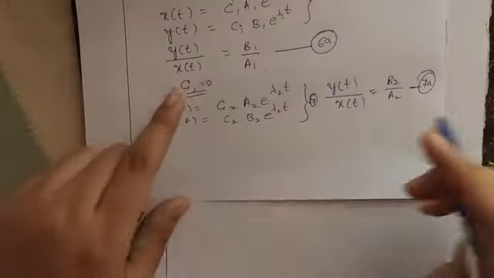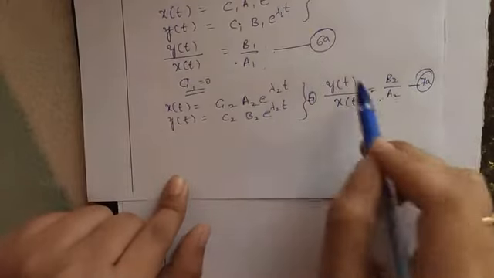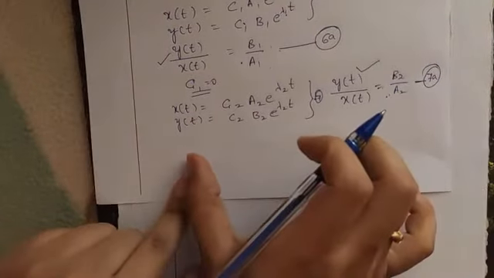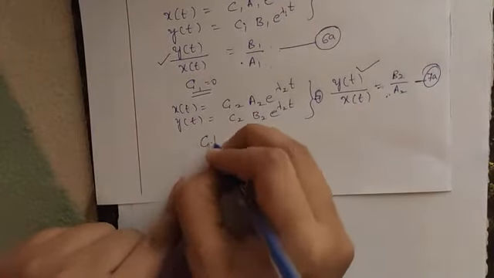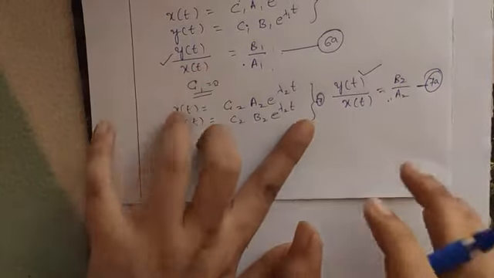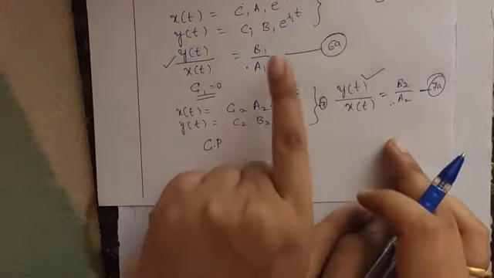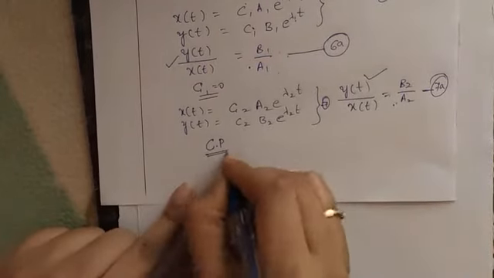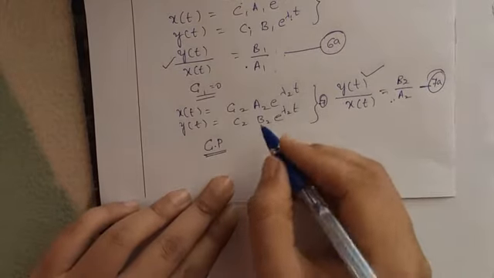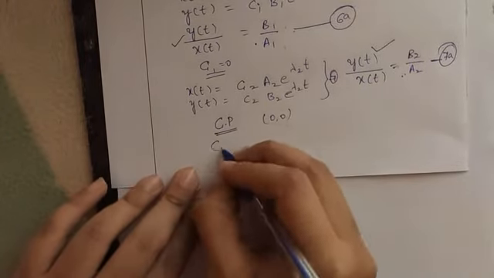Now equation 6a and equation 7a represent that these two paths are passing through the critical points, right? So we are discussing the concept of critical points itself. This means that these two paths pass through the critical points. The critical points are 0 comma 0.